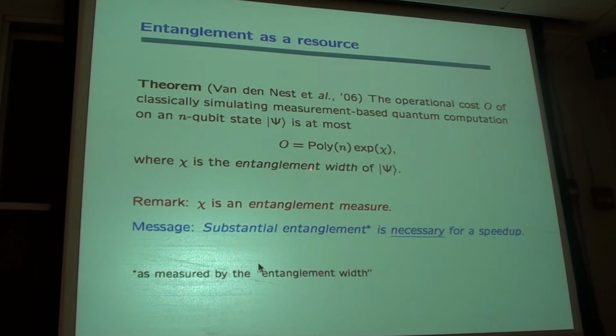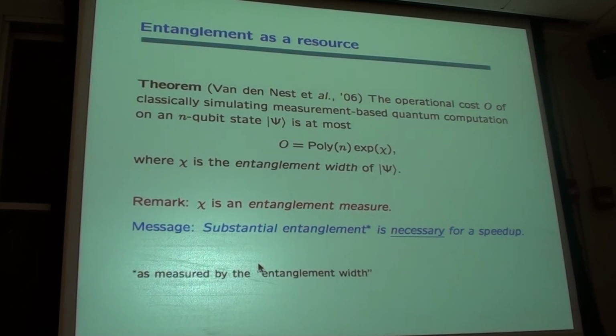I just said the simulation cost is exponential in the entanglement. This is exactly what you want to hear, exactly what's confirming the intuition, but such statements crucially depend on the entanglement measure that you're using. So here's where things are beginning to get hairy.